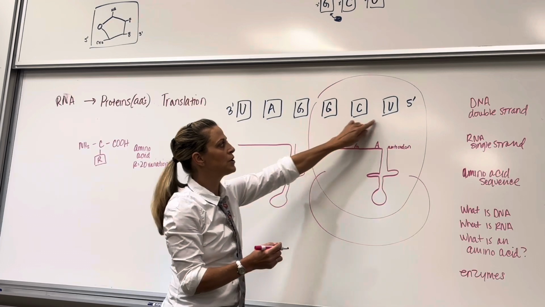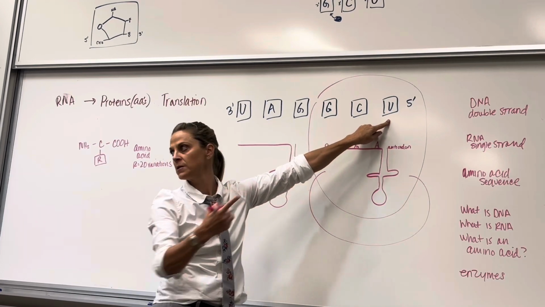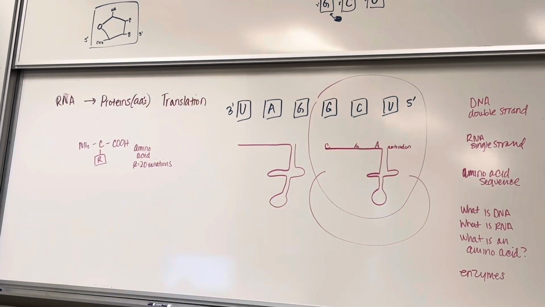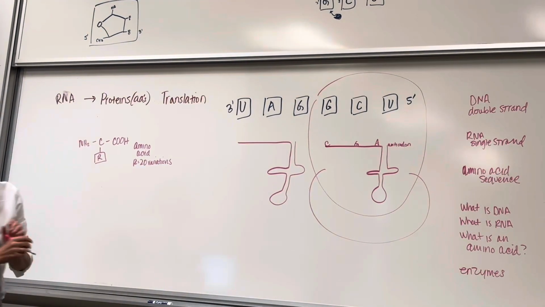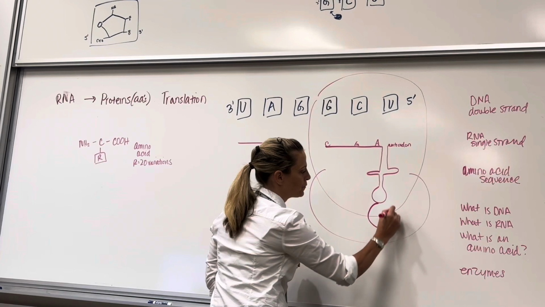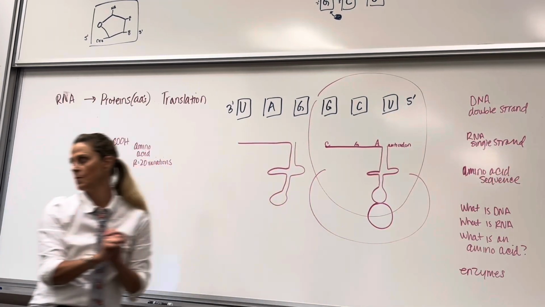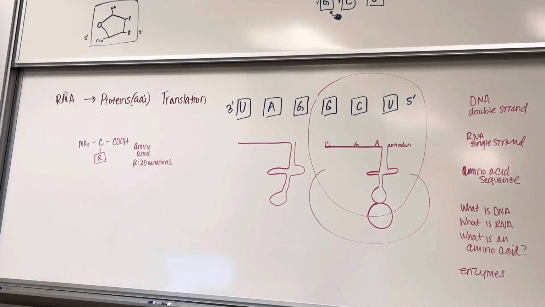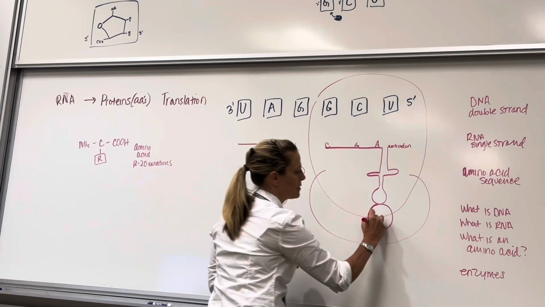So GCU matches with what amino acid? Alanine. The first base, G, the second base, C, U, alanine. So that's ALA.